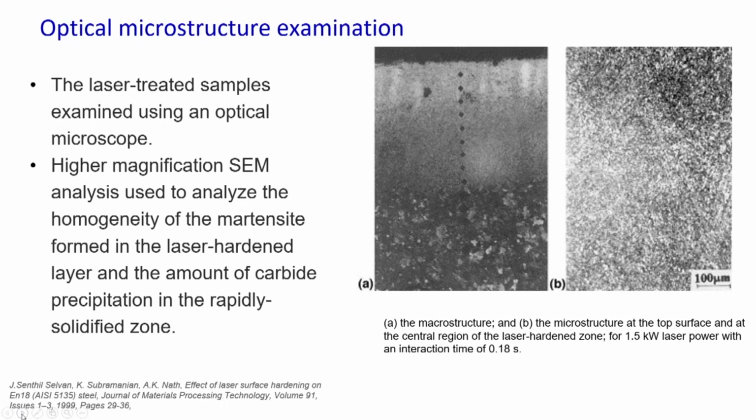On your screen you can see two different figures. The first figure, A, is showing the macrostructure of the laser treated specimen, and B is showing the microstructure at the top surface and at the central region of the laser hardened zone.